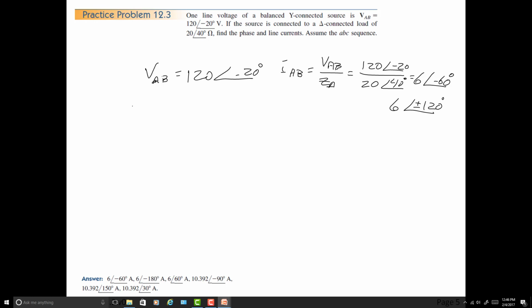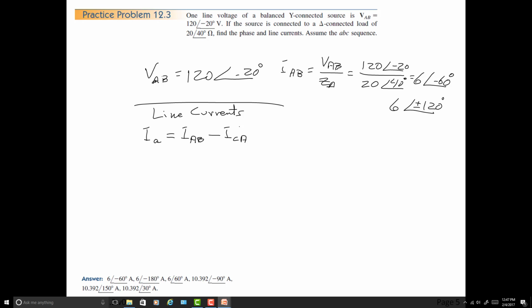Now we need the line currents, right? So the line currents will be IA. You can refer to pictures in your text for this. Will be IAB minus what? ICA.